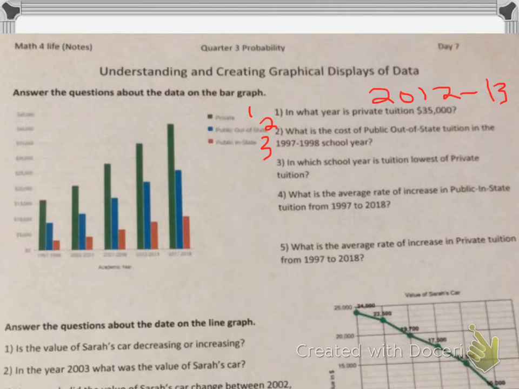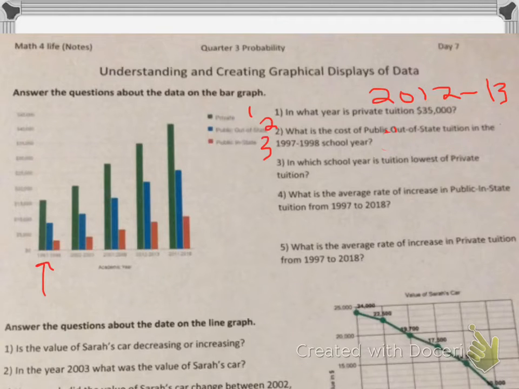In the year 1997 to 1998, which is this first bar graph right here, we're just going to make our best guess as to how high we think that is. It's between 5,000 and 10,000, and I think that's probably right around $8,000. So I'm going to guess $8,000 for my solution on number 2.